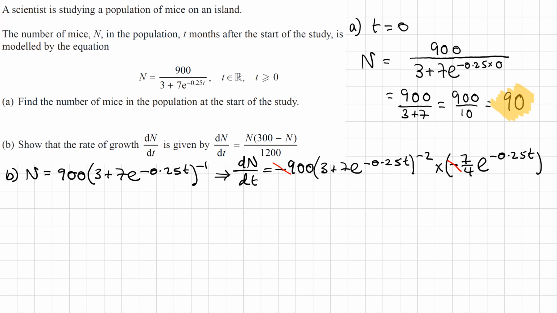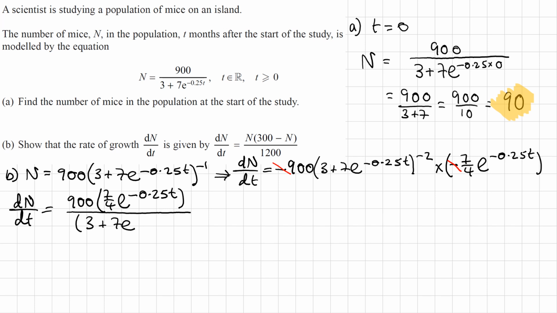And now what I need to do is to write dn dt as, and I'm going to move this negative power back to the bottom of the fraction again. So I've got 900 times 7 over 4, e to the negative 0.25t over 3 plus 7e to the negative 0.25t all squared.